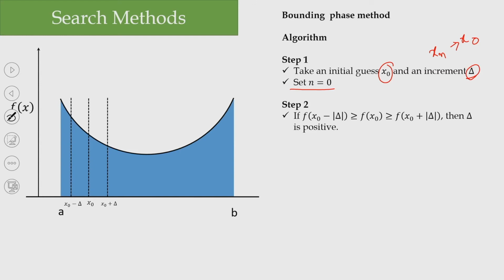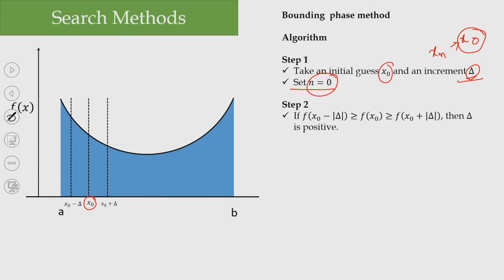In the first step, we are choosing an initial point. I have chosen this particular point, this is your x naught, and I have also chosen an appropriate value of delta, and I put n equal to 0. So, x n with n equal to 0 gives me x naught.